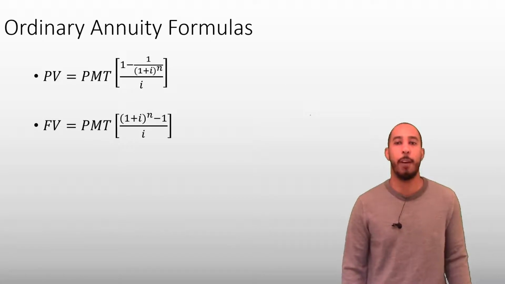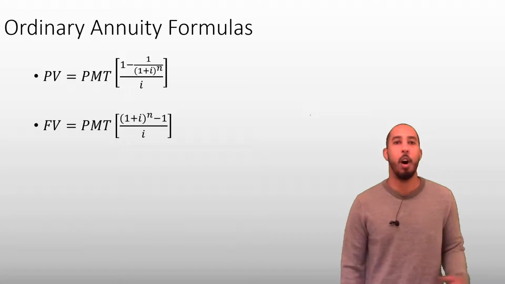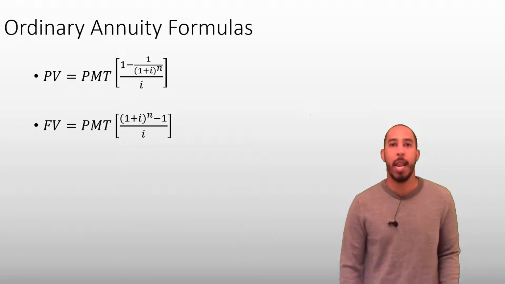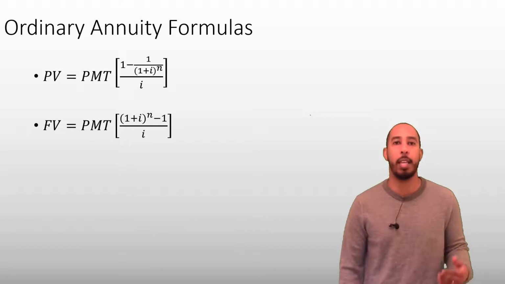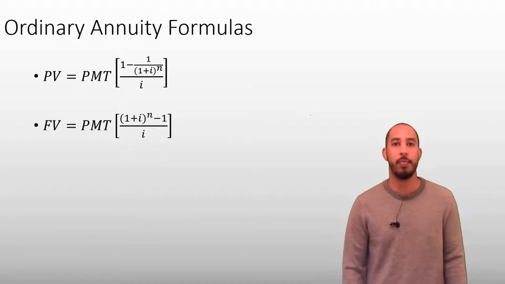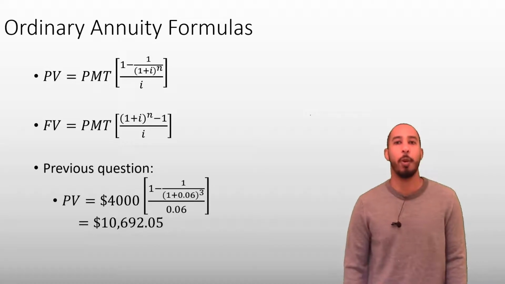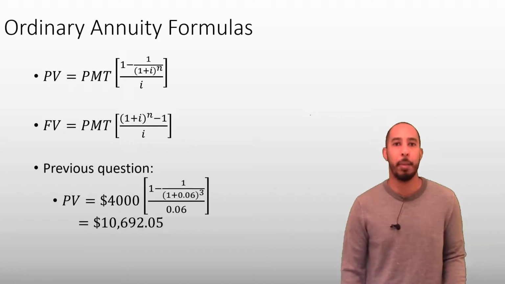Here are the formulas to find the present value and future value of an ordinary annuity. We have all the usual variables we've been seeing, but now we're adding a new one, PMT, which stands for payment. Payment stands for the annuity payments, the periodic equivalent cash flow that occurs. Applying that formula to this problem that we just worked, we see that the $4,000 is our payment.